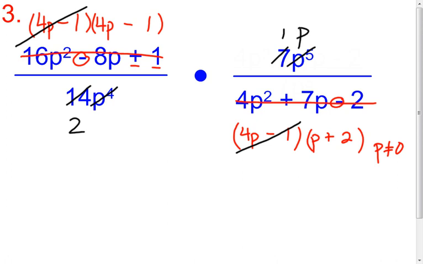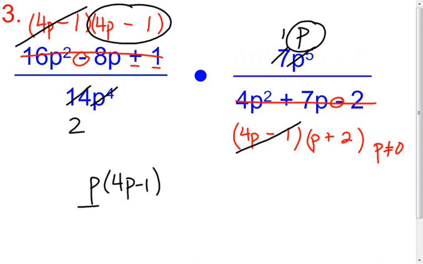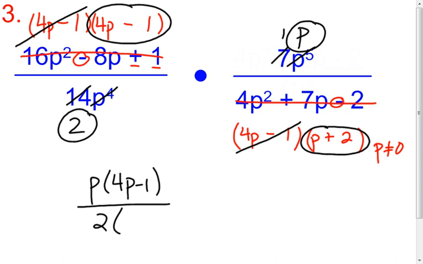So on the top, what I have left is a 1p here, and a 4p minus 1 here. So I have p times 4p minus 1. And if you want to distribute that p through so that it becomes 4p squared minus p, that's okay too. Usually, actually, we just leave it how it is. On the bottom then, I have this 2p, or 2 left, and I have this p plus 2 left.